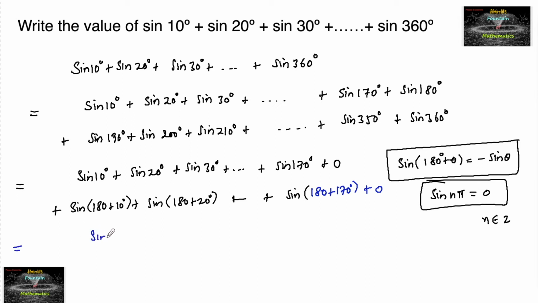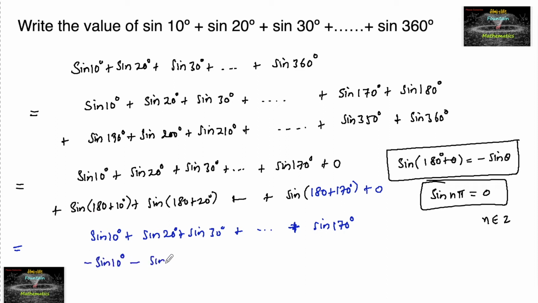So that we'll have sin 10 degrees plus sin 20 degrees plus sin 30 degrees and so on to sin 170 degrees. Sin of 180 plus 10 means third quadrant, so we can write minus sin 10 degrees.